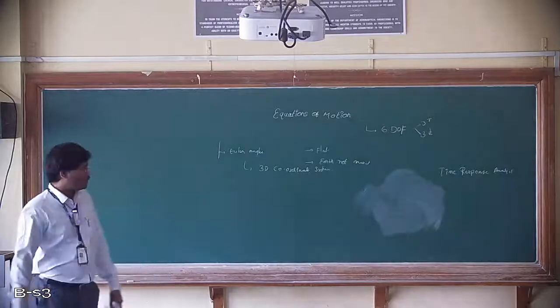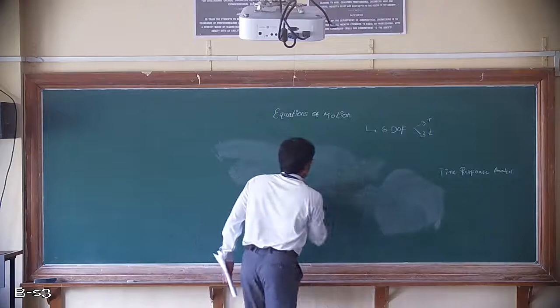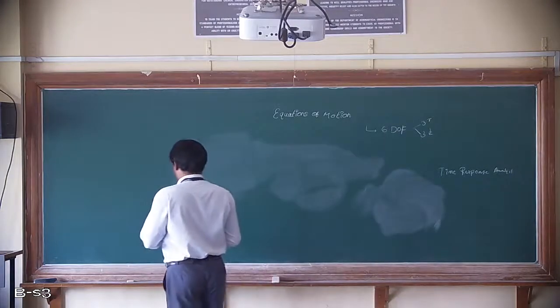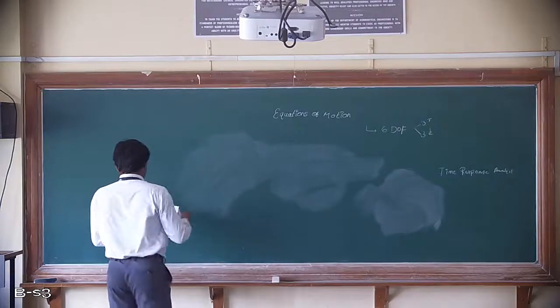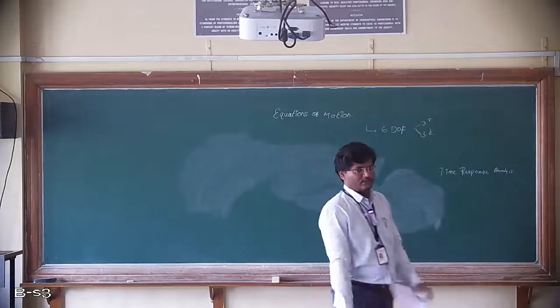Before going to that, what are the equations we have derived so far? M into U dot plus QW minus RV is equal to Fx.